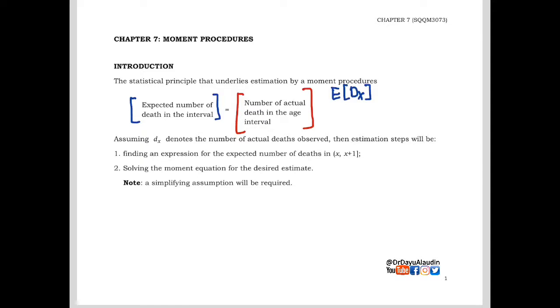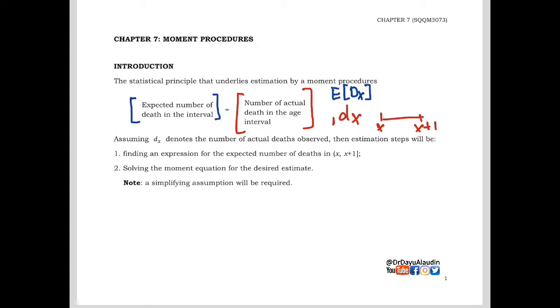The first one is the expected number, the second one is the actual number. The notation is dx, both within the interval. There is no number in front of this dx, so we assume it as 1. The interval would be x to x plus 1.